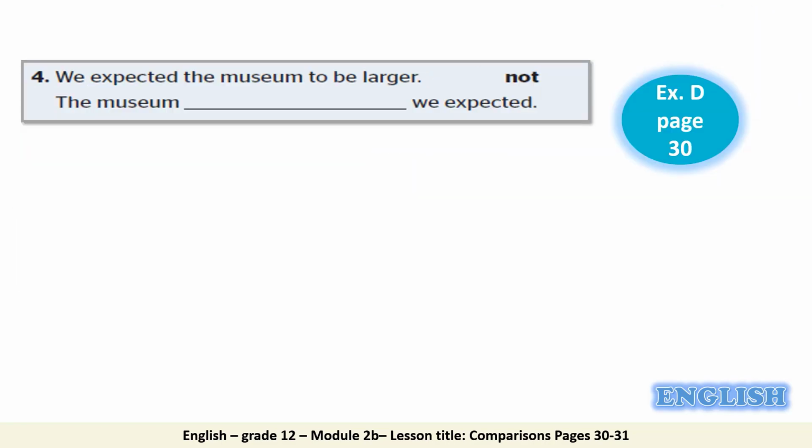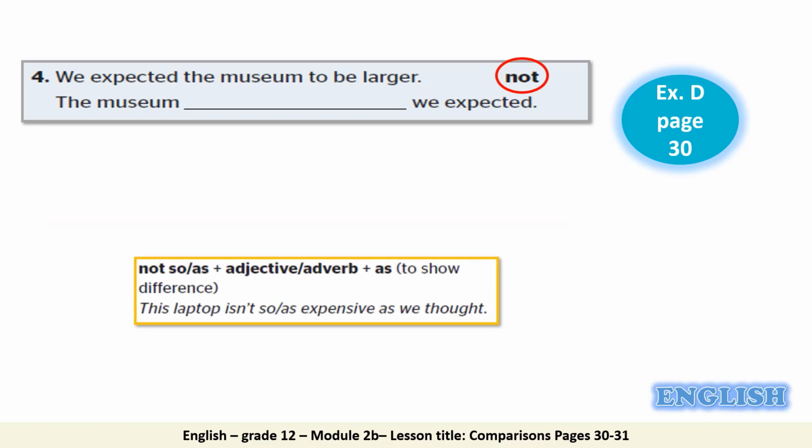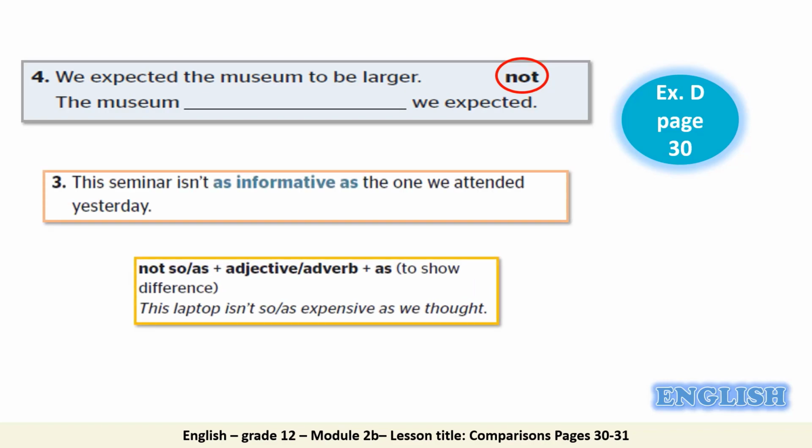The word that we have to use in sentence 4 is not. And the first thing that comes to our mind in this case is the following. So, the right answer is the museum was not so large or as large as we expected.